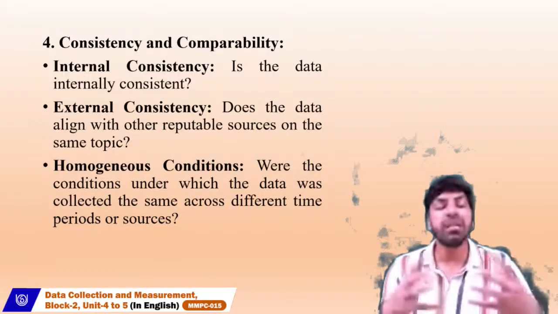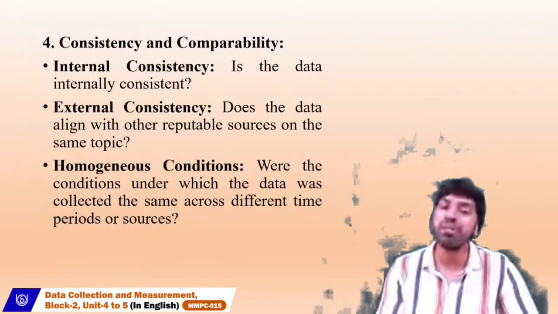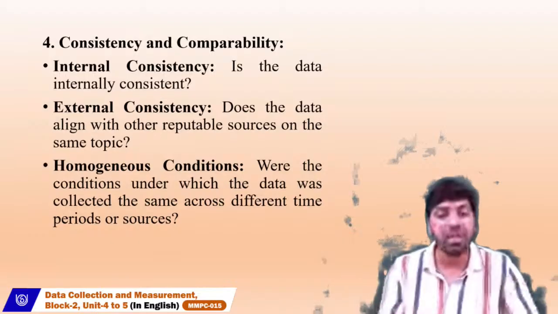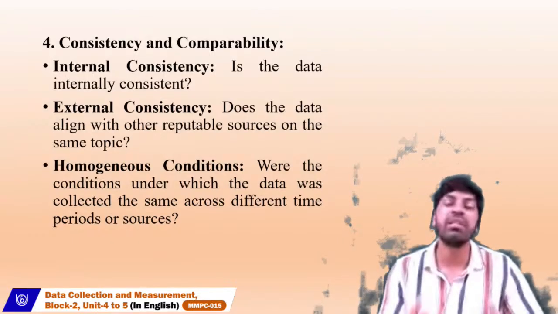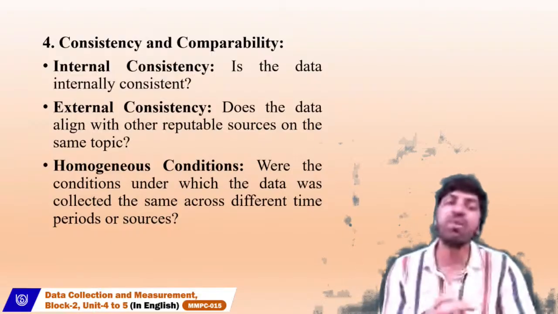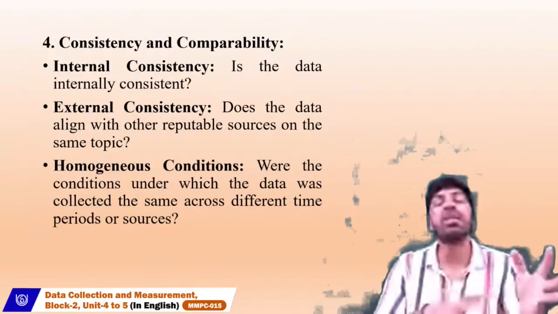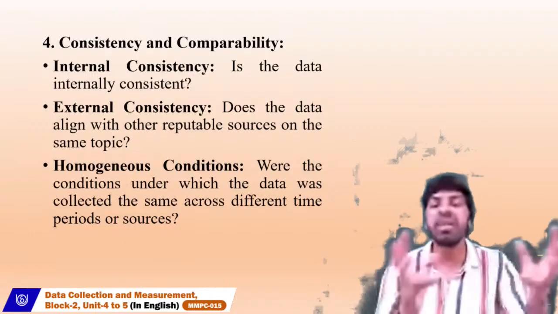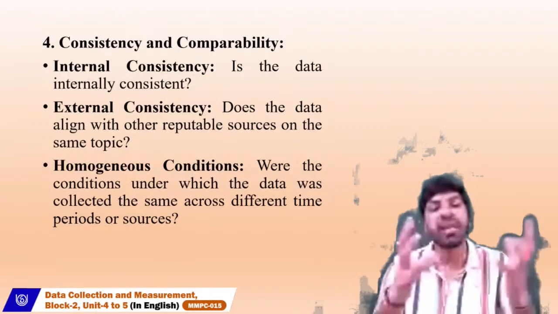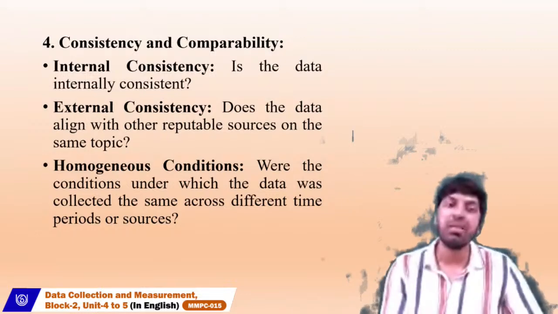So whether different sources from different time periods have been used for data collection or not. This is something we need to check, the consistency and comparability of data collection in previous studies where the secondary data has been used.